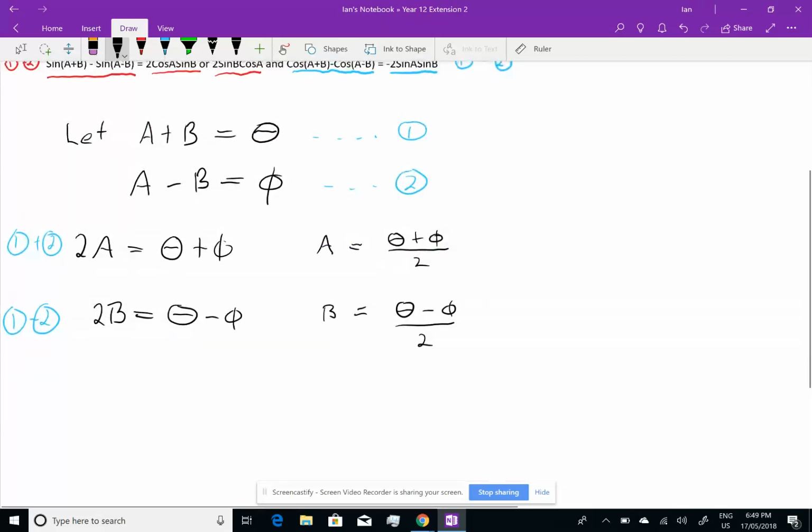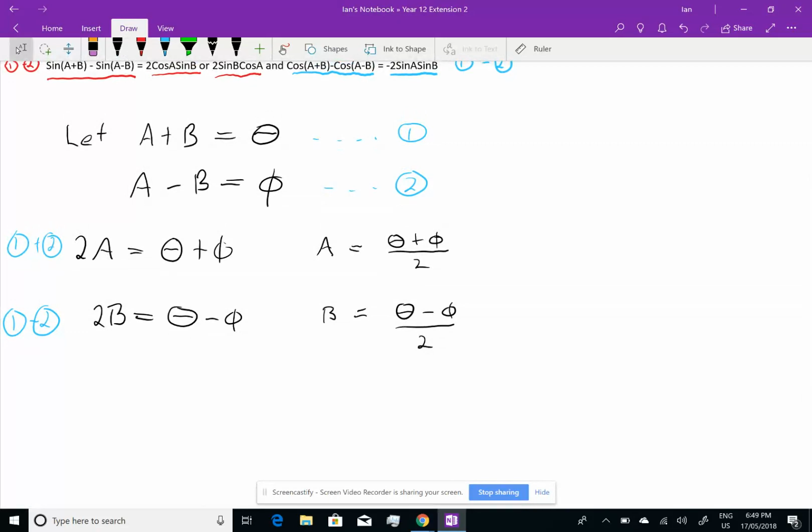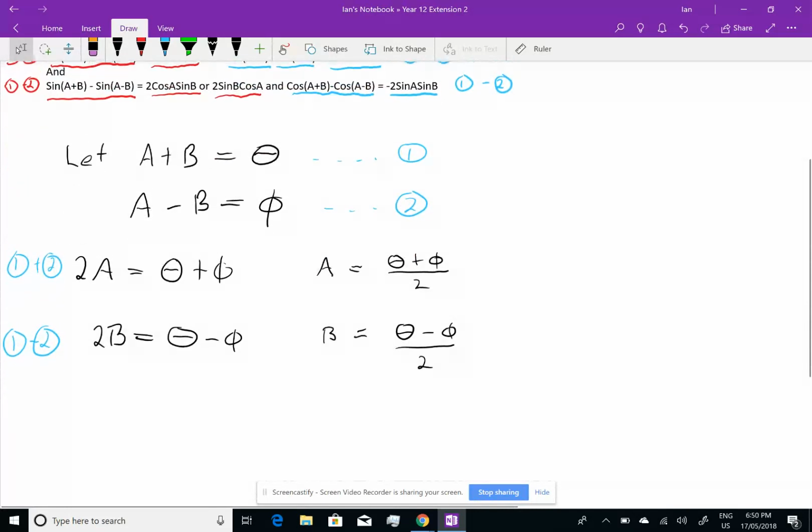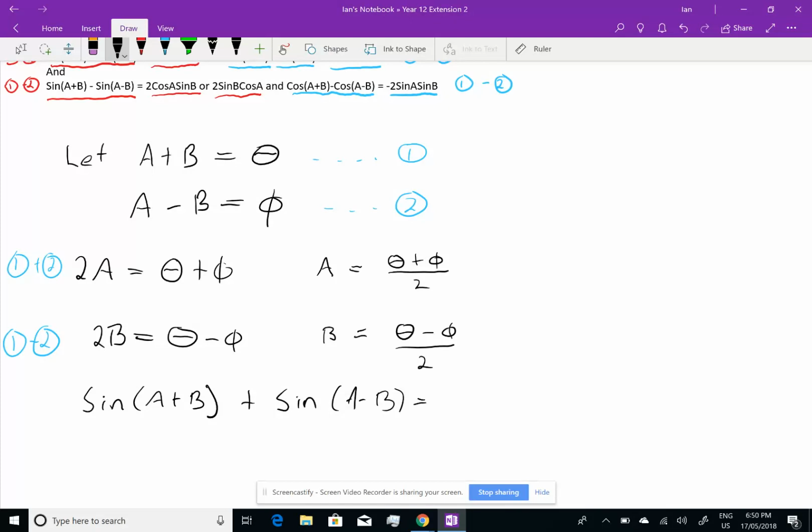Now, if I put these into those equations, if I look back up here and I want sine A plus B plus sine A minus B, which is sine theta plus sine phi.